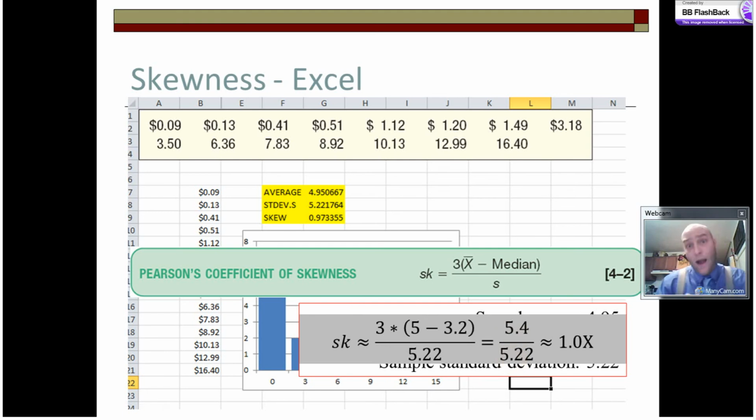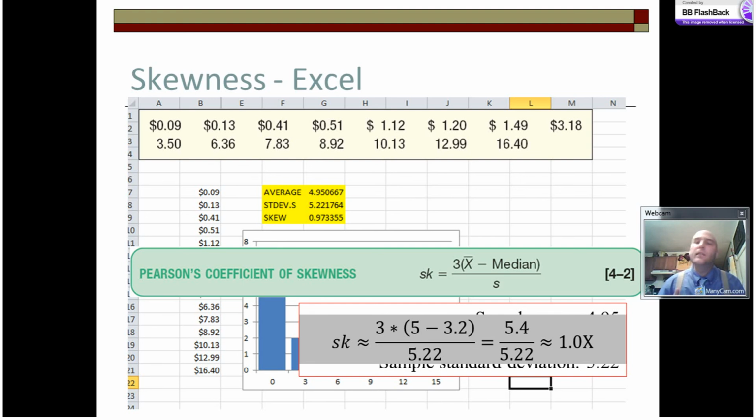With a lot of rounding, a little bit of arithmetic, and this one formula, I can get within decimal dust, ish. I can get really close, within 0.05 of the software calculation for skewness, given basic summary sample statistics, this one formula.